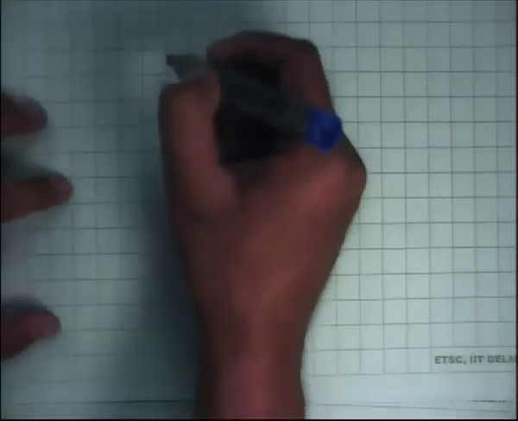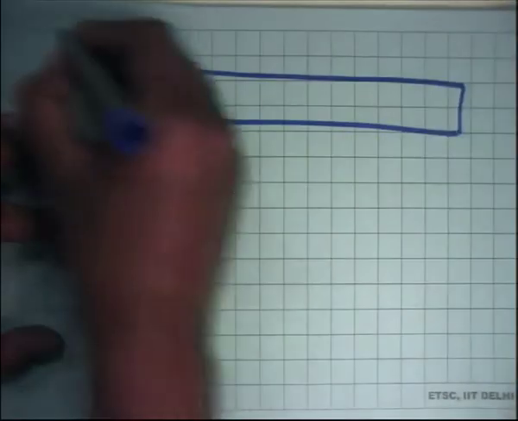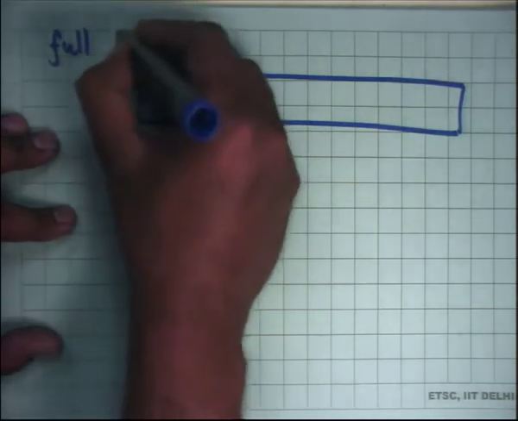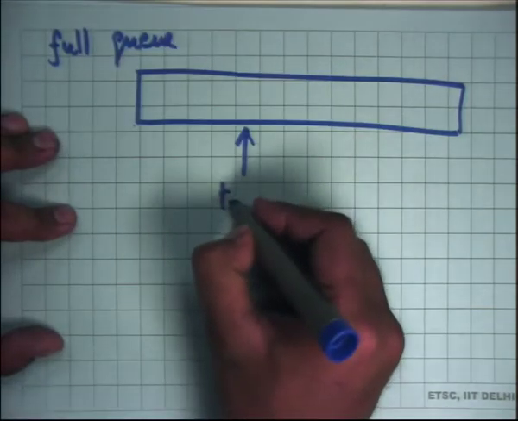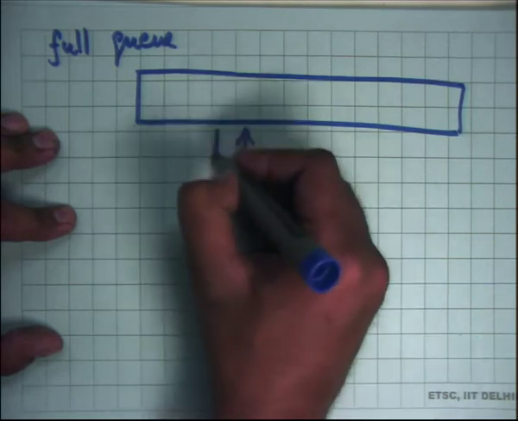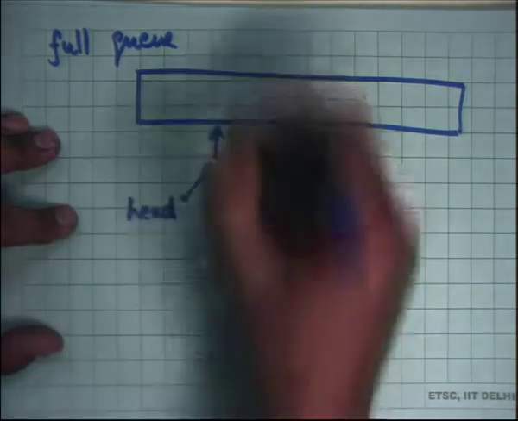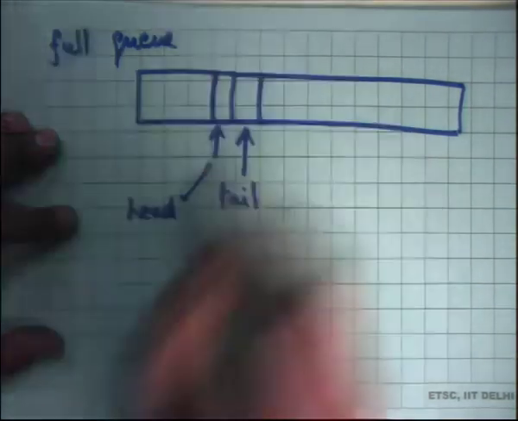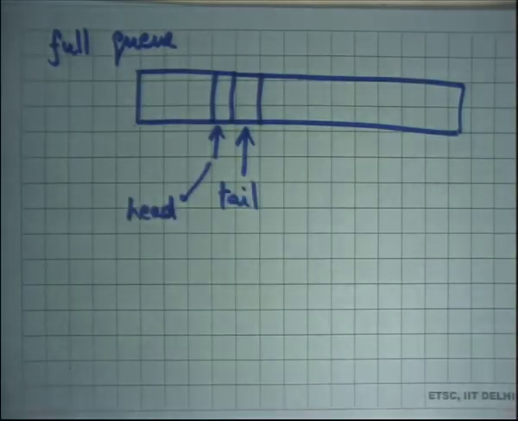So a full queue looks something like this. Tail is here, and head is just behind the tail. This is a full queue. If I try to add one more data item, I cannot do it without having to override something that has not yet been consumed.